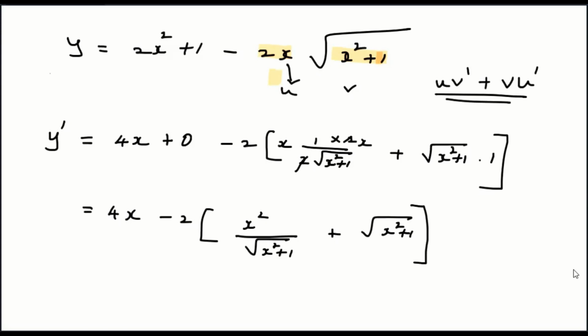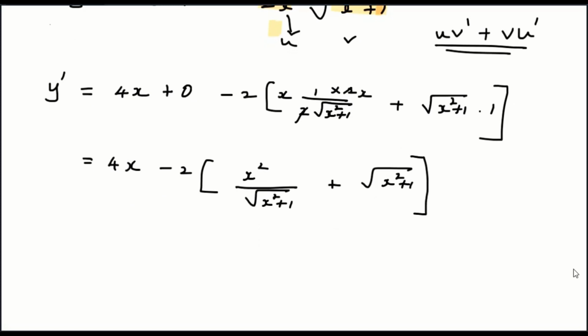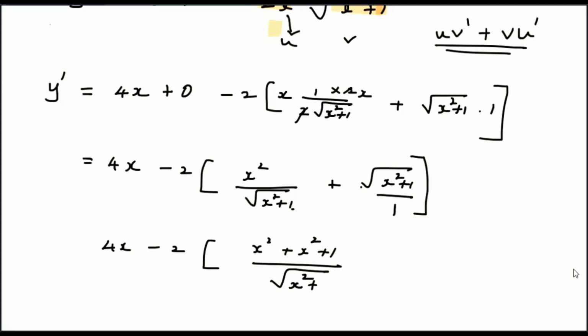So if you take LCM and simplify, you will get the answer as 4x minus 2. Here it is 1. So this is x square plus x square plus 1 divided by root over x square plus 1, a into a is a.